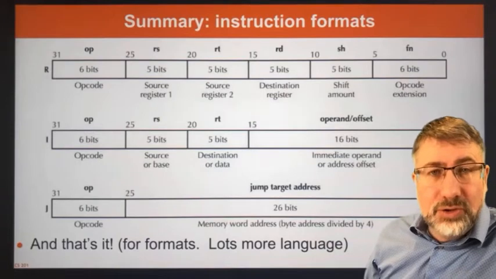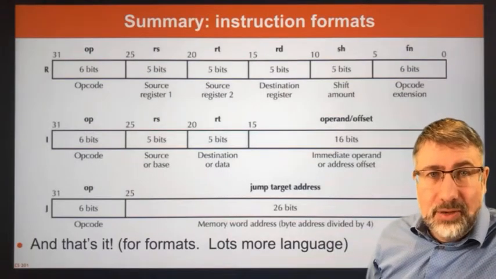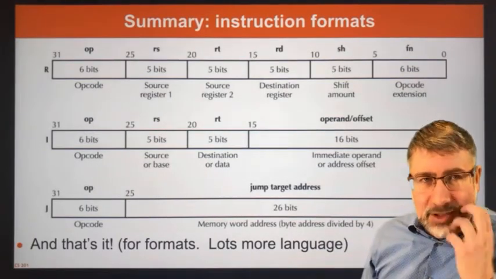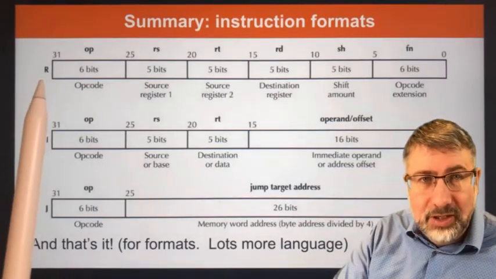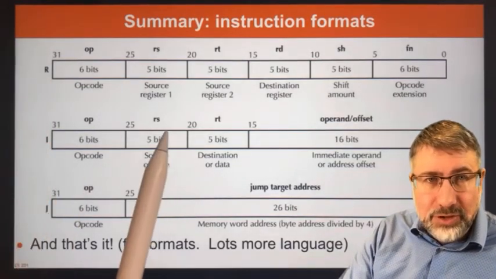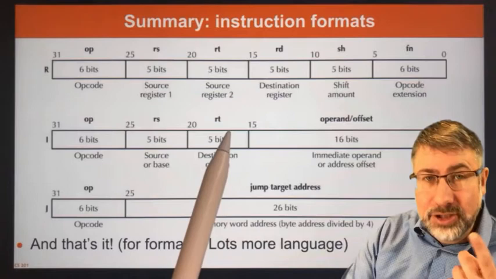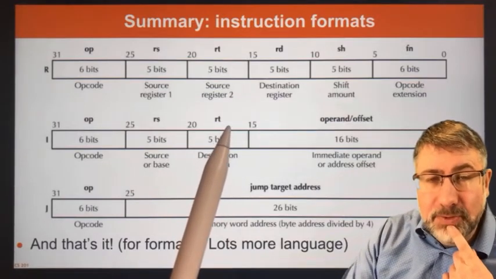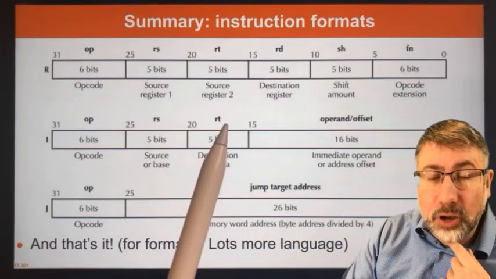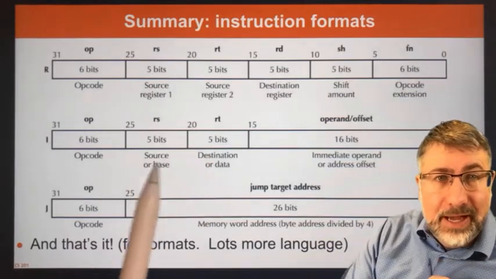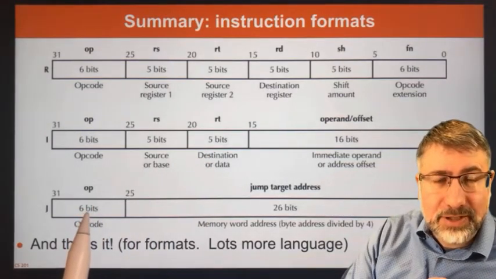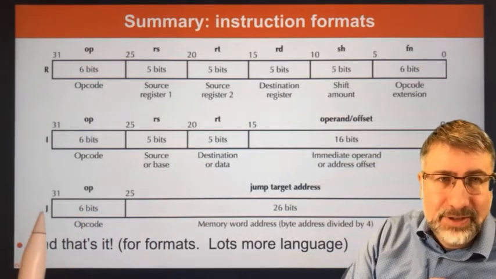So with those 2 instructions, we have all of our different instruction formats. We have R-type, which we already saw. We have I-type, which are the immediate values, and we use that not just for immediate operations, but also for loads and stores. And then we have jump type, J-type, right? So 3 types: R-type, I-type, and J-type.